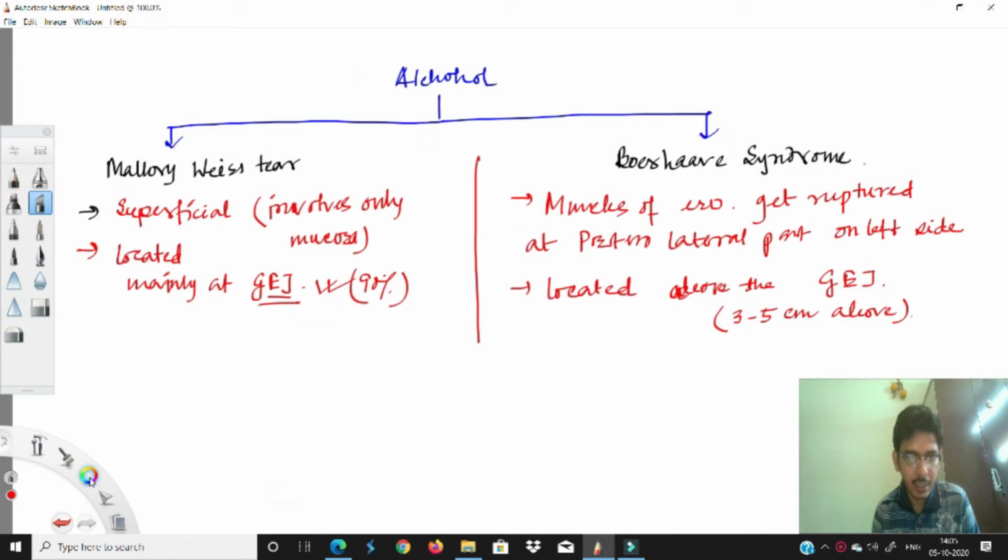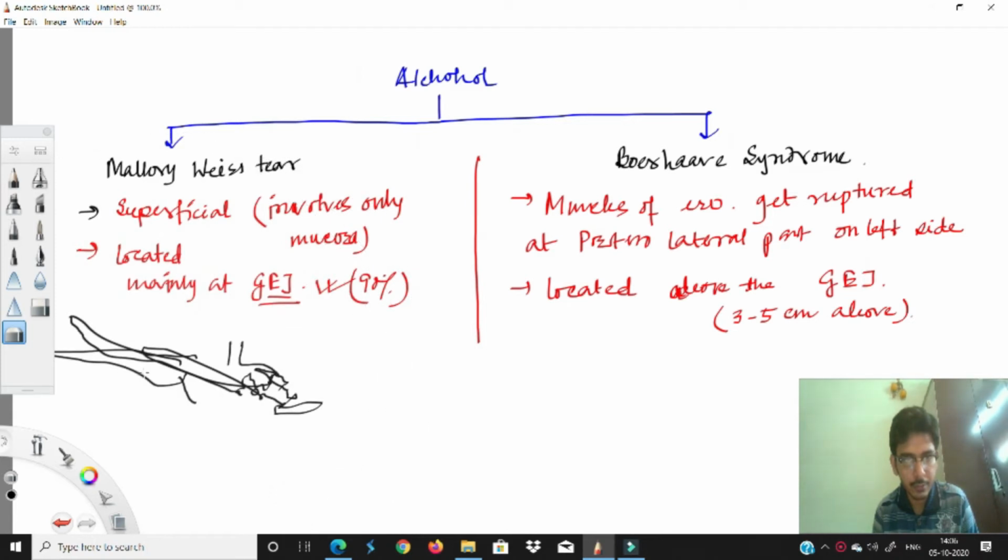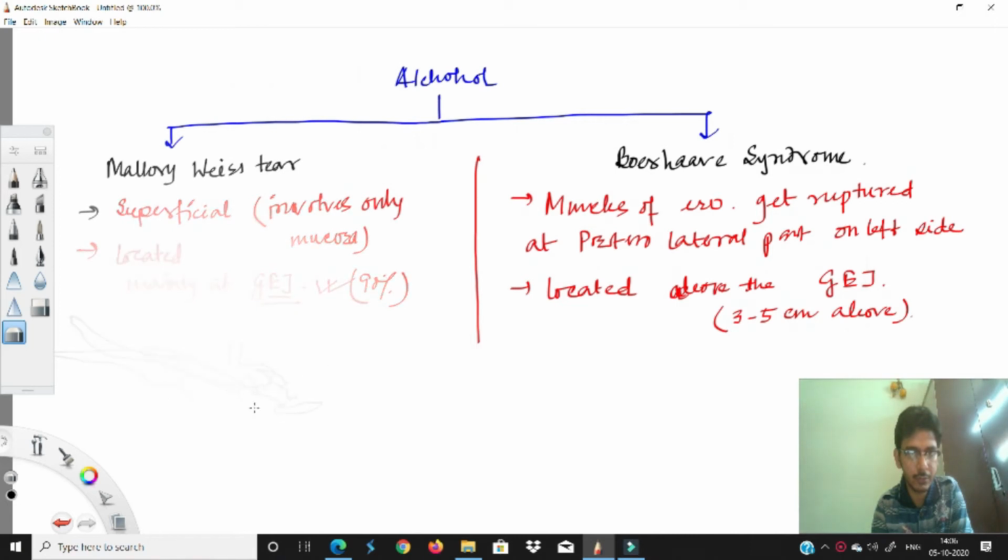So if I draw an esophagus and stomach, see the diagram.